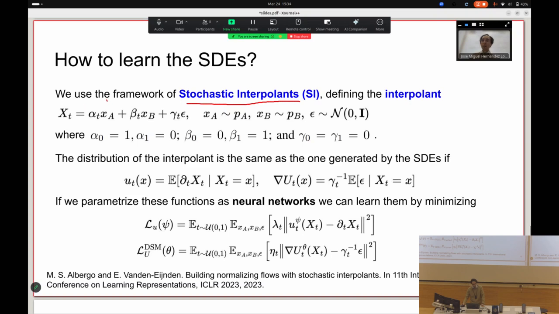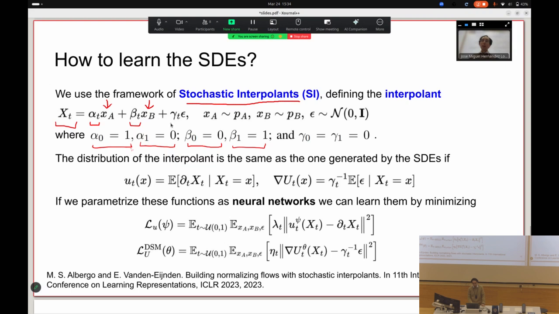You have samples from PA, you have samples from PB, and you're going to create intermediate samples from the SDE trajectories just by doing a combination of those. So you have these coefficients, alpha t and beta t. Alpha 0 is 1, so that at time 0 we are at PA, and beta 0 is 0 to guarantee that, and then alpha 1 is 0, and beta 1 is 1 to guarantee that at time 1 we sample from PB. Okay?